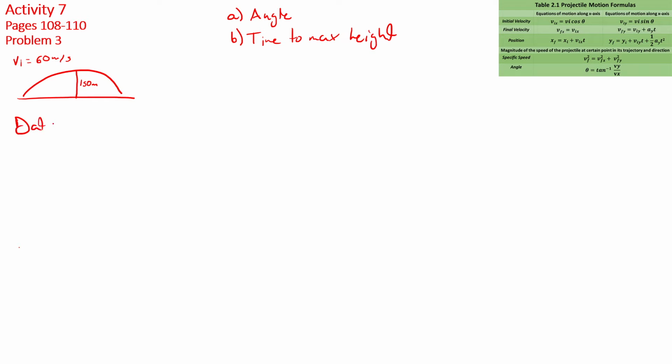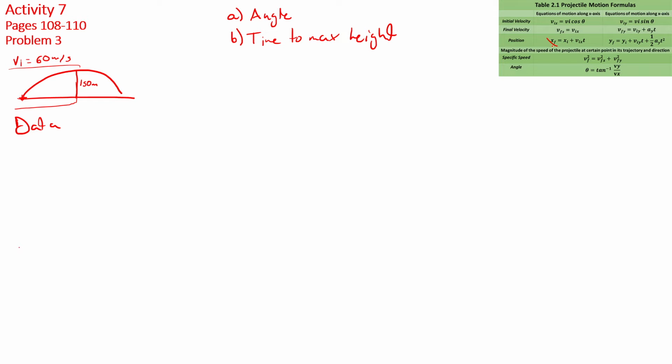Here, the data that you have, if you use the first half, is the initial position in the x-axis and the initial position in the y-axis, and that's it. Both of them are 0. However, you cannot use any formula with only that information to calculate time. Why?